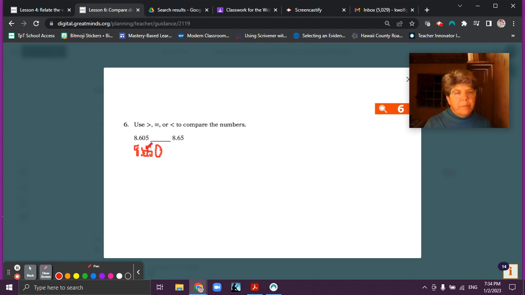And that's a 0. But we can see the 8s line up, the 6 lines up. The 5 and the 0 do not line up. So the 5 is bigger, so that would mean the line goes this way. The bigger part goes towards the bigger number. 8 and 605 thousandths is less than 8 and 65 hundredths. Do you see that? Okay, very good.